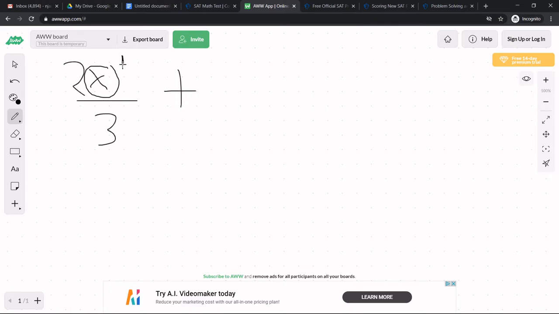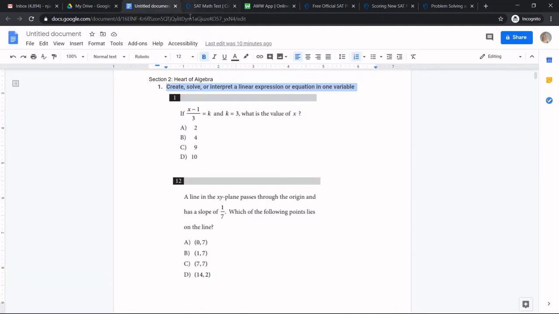So nothing other than 1. If it's squared, it's not a linear expression. So that's how you can immediately recognize it. If you just have x, maybe it's multiplied by something, maybe it's divided, maybe it's added to something, it's a linear expression or equation.